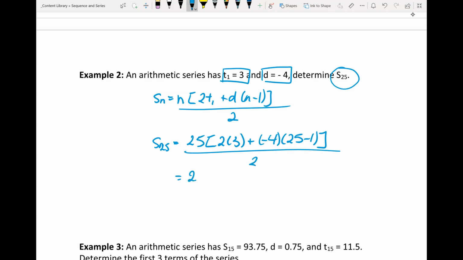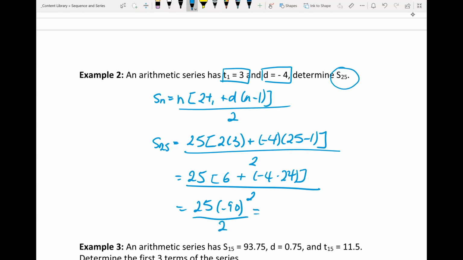Okay, so I'm going to do the big brackets first. This is going to be 6 for 2 times 3 plus negative 4 times 24. So negative 4 times 24 plus 6, this is going to be negative 90.